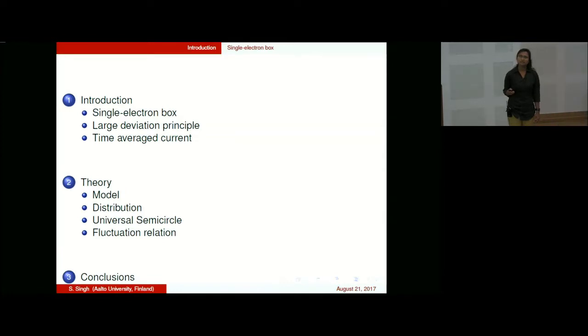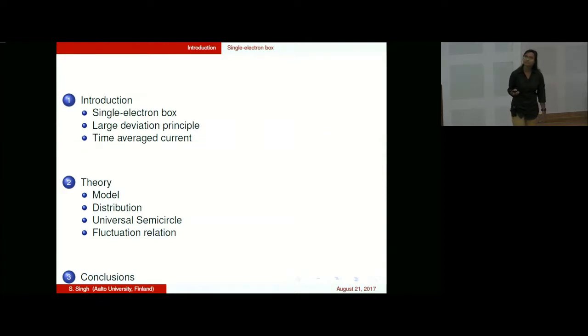Then I will say something about the observations in the experiment, like after doing the measurement, we get the data, and from the analysis, what observations we have. Then the theoretical part will come, in which we try to model the system and get some understanding of the observations that we make from the experimental data. And in the end, I will conclude.